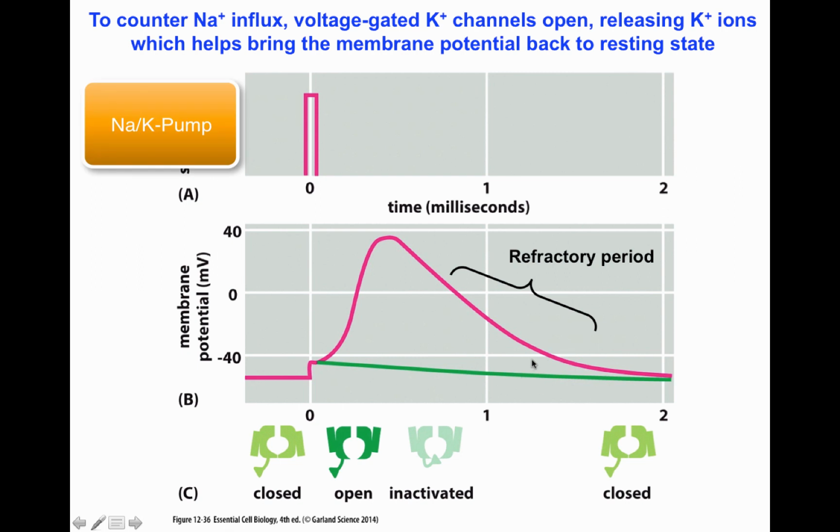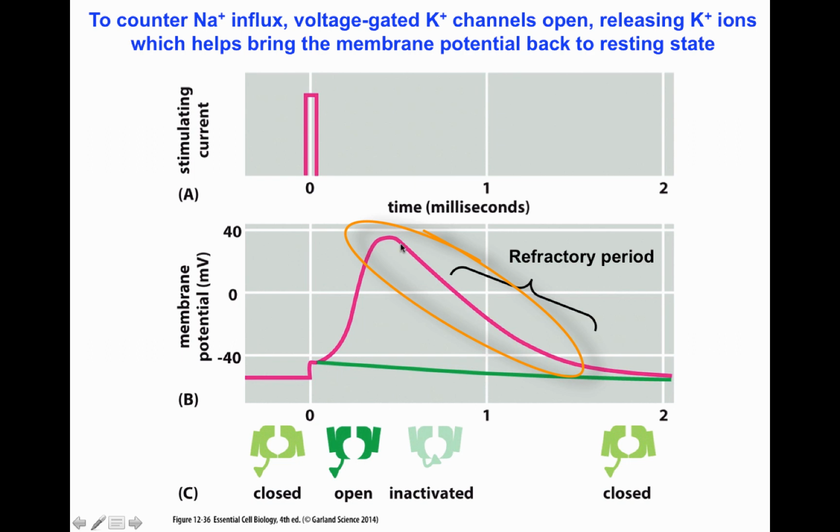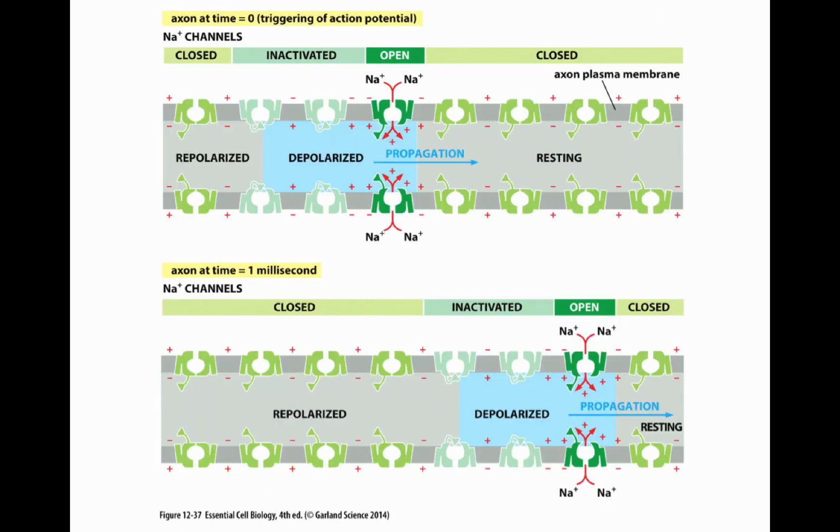You also are going to have the potassium-sodium antiporter pump that is going to spend ATP to bring more potassium ions to the inside of the cell and pump out sodium ions to the outside of the cell, reestablishing the gradient. But this fast refractory period results from the opening of the voltage-gated potassium channels that are going to release the potassium ions into the extracellular milieu, resetting back the membrane potential to the resting state.